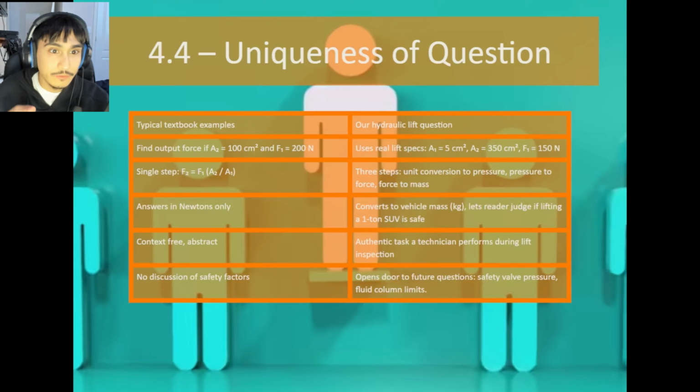So you have that hydraulic lift question compared to your typical textbook questions, which is find the output force if A2 equals 100 centimeters squared. So that's kind of the difference between our question and the textbook questions you might get. So yeah, anyways, enjoy the rest of our slideshow.